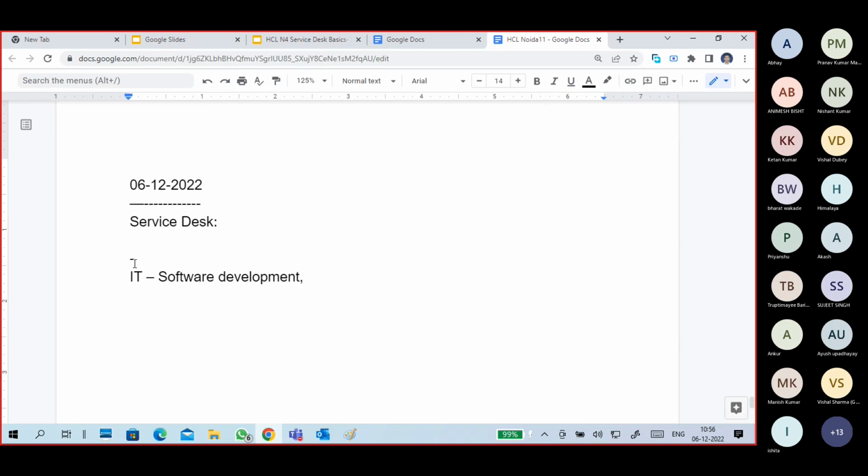Software development means application development. We build an application, deploy an application, create an application, maintain that application, and do next version developments.